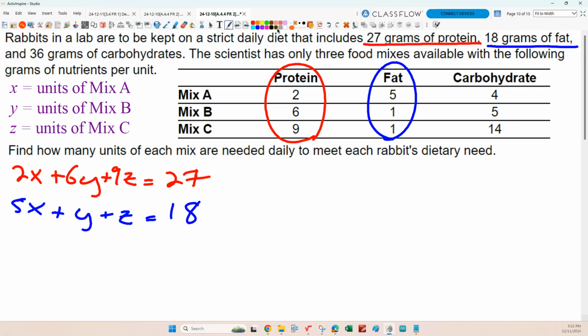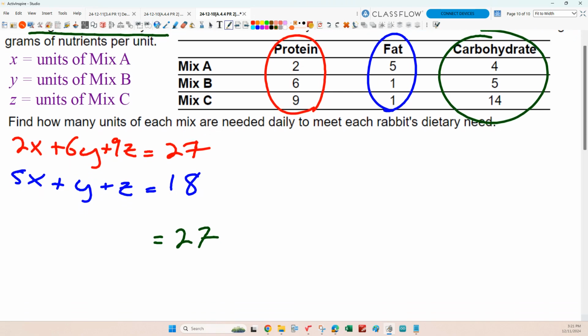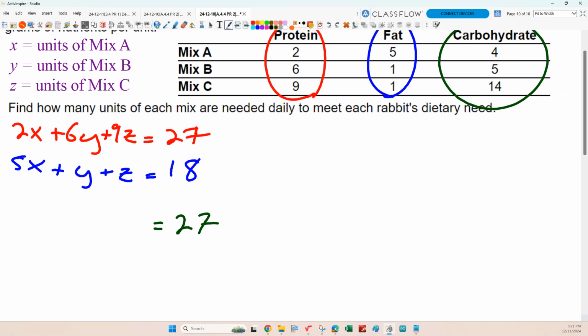So we want to have 36 grams of carbs, and there's the information of the carbohydrate content of each of those bags per scoop. All right, so we want to get a total of 27 grams of carbs. How many am I getting from bag A? 4X.